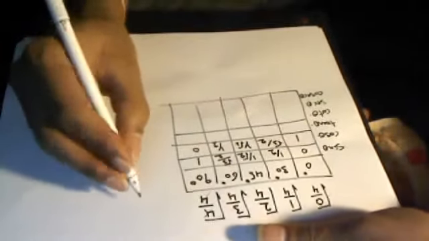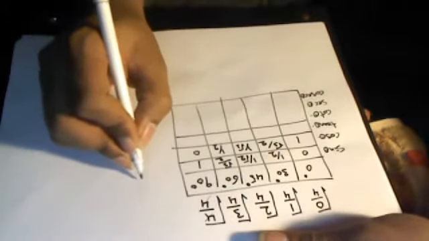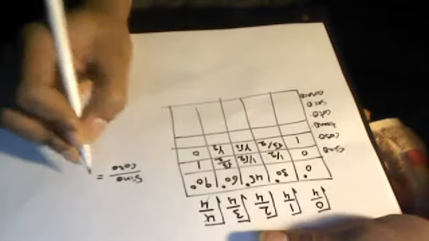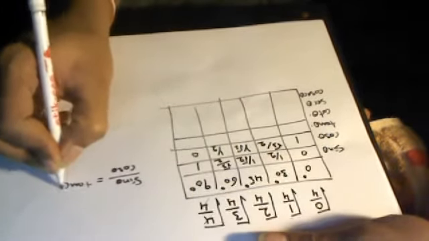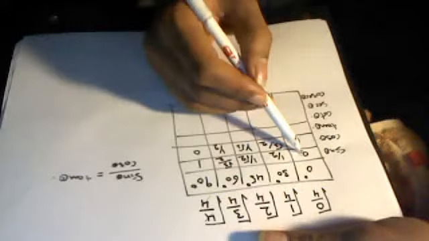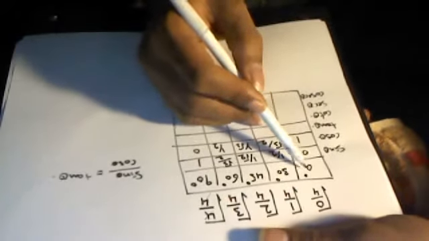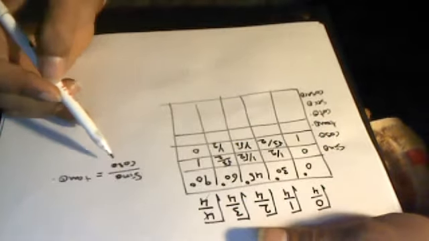Now to get the tan theta values, we should remember the basic trigonometric identity, which is sine theta over cos theta, which gives you tan theta, right? So if you want to know tan 0, you can write it as sine 0 over cos 0.